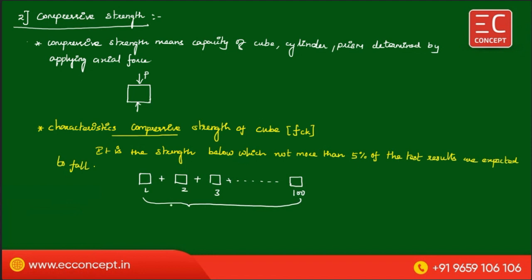That means 95% of cubes should get our required strength. 5 cubes can be allowed. That means the strength of 5 cubes can be less than the required strength. It is allowed. 5% error is allowed, but 95% should have the required strength.